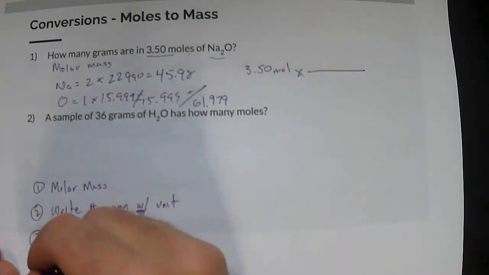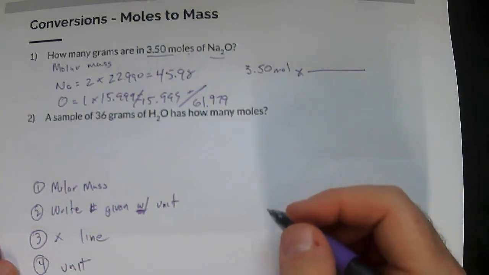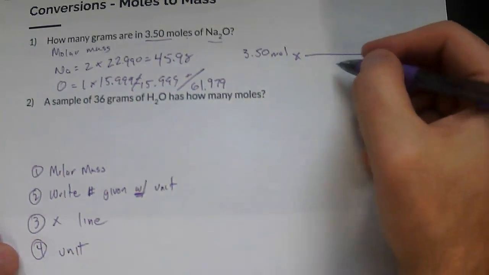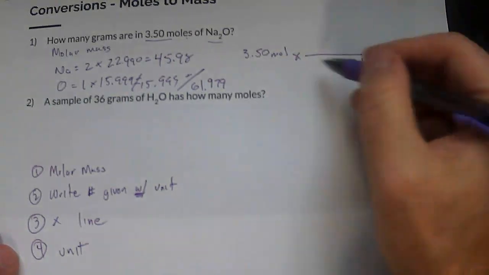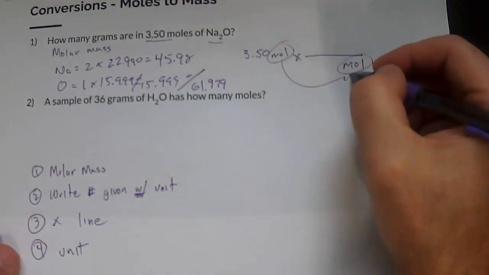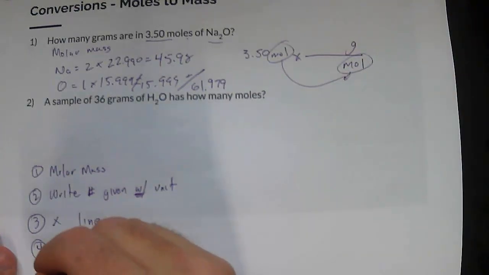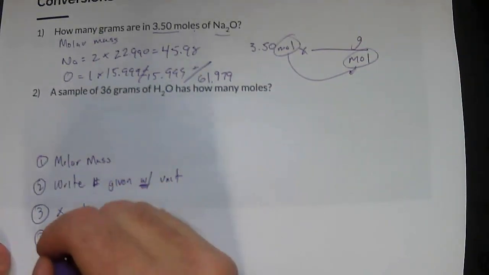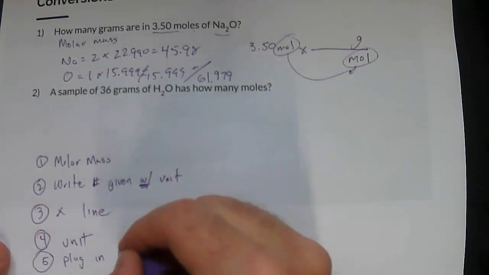And step 4, we're going to use the units to do the problem here. So moles on the bottom. We're given moles here, so moles goes on the bottom, and then grams on the top. And then step 5 is plug in numbers.